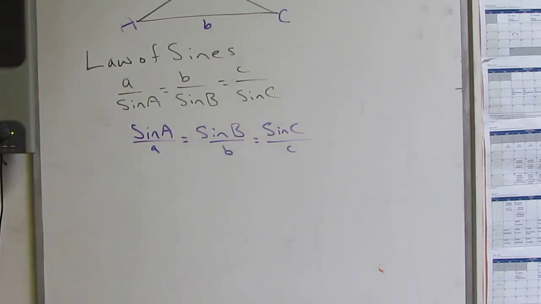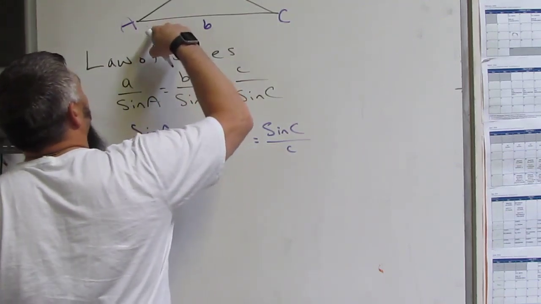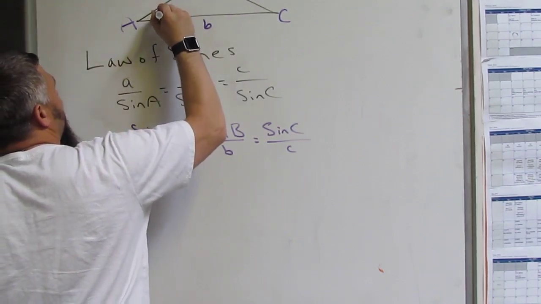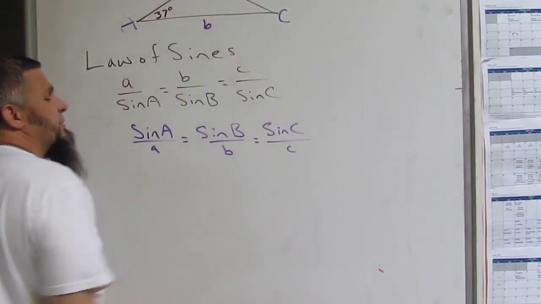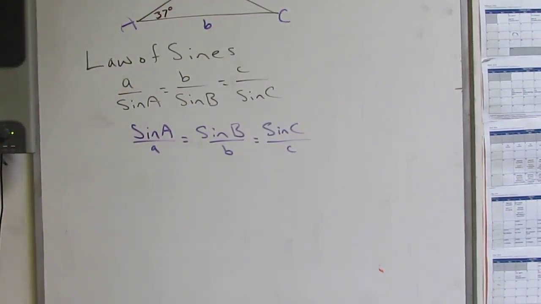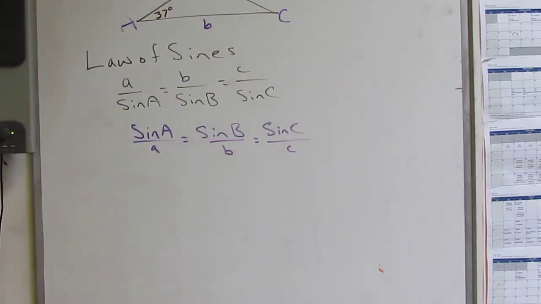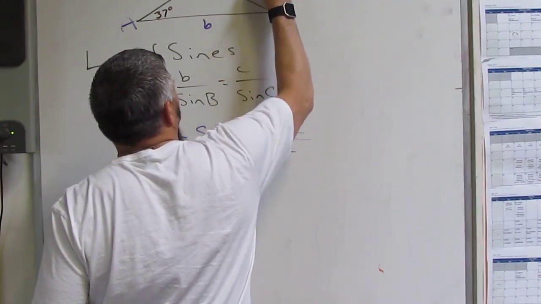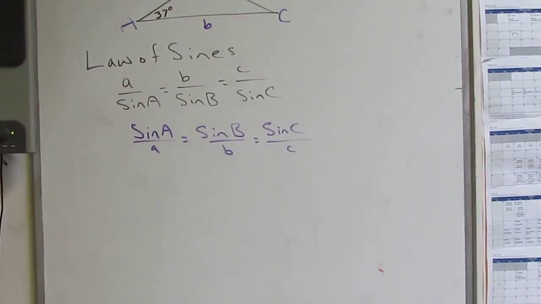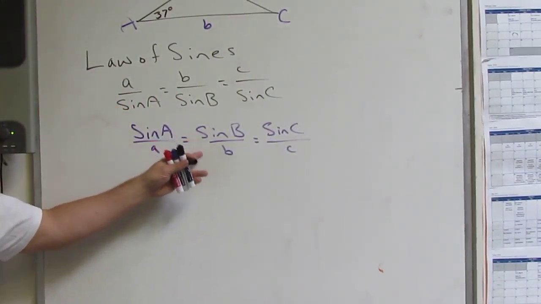Alright? So, if we were given that this angle is, say, 37 degrees, and that this side was 10, then we need another angle or another side.